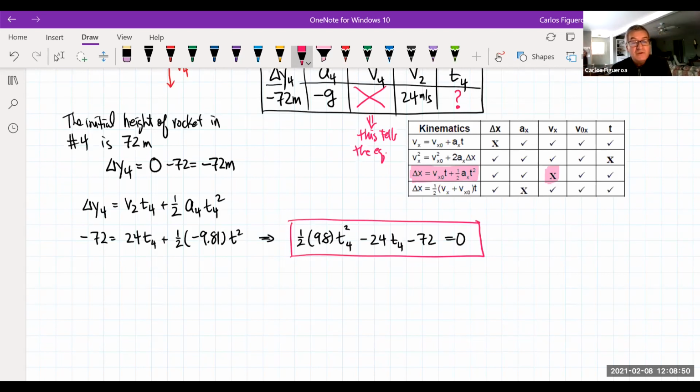So what I'm going to do here is solve for this problem. And what you're seeing here is that if I solve for this, T4 has two solutions.